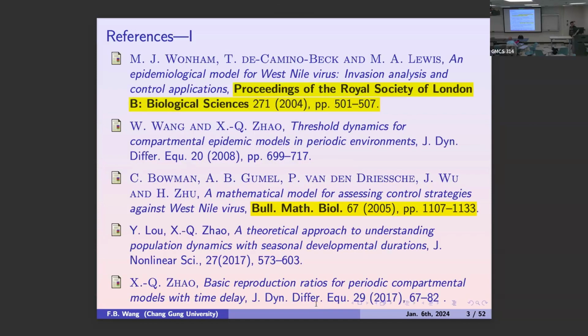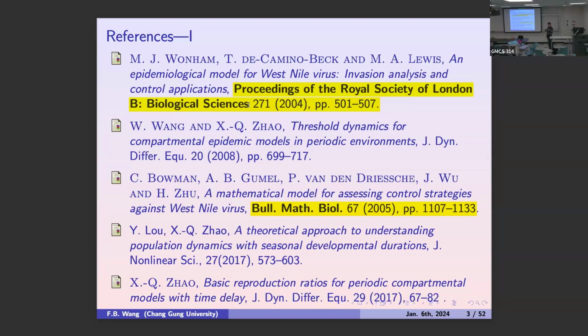So actually, the motivation comes mainly from these two papers. Initially, the model is simple. They did not include the vertical transmission, the spatial variation, or incubation.